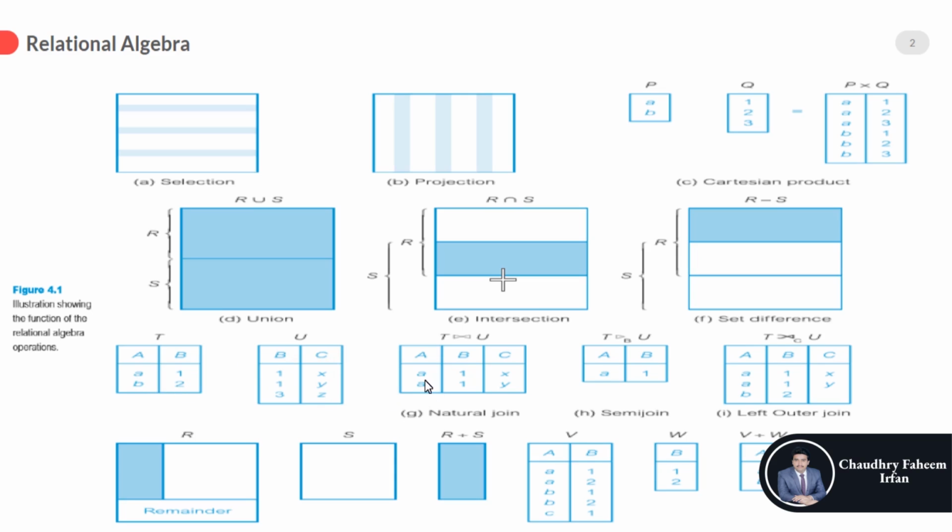So A 1, so 1 and A, B value of U is equal to B value of T, and this record A is selected here and 1 is selected here and X is also selected, and like that. 1 is matched with 1, which is the second tuple in U, but in T here A1 Y and 2 is not matched in this TU.